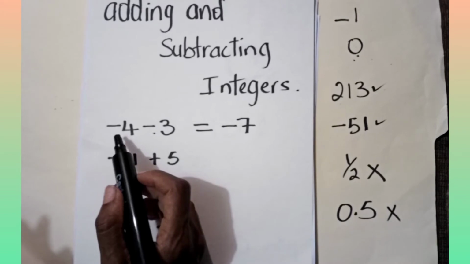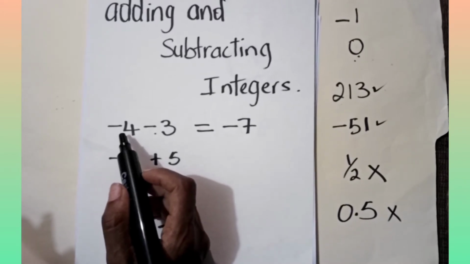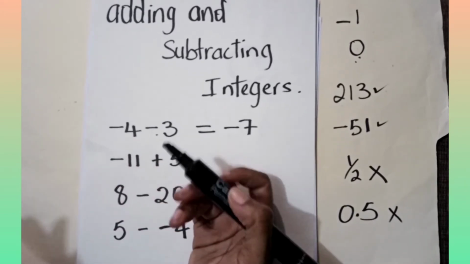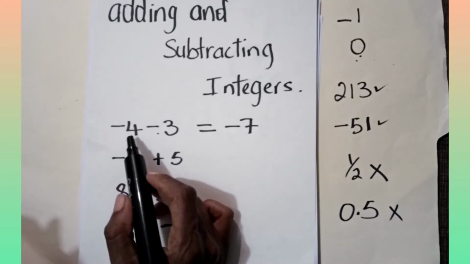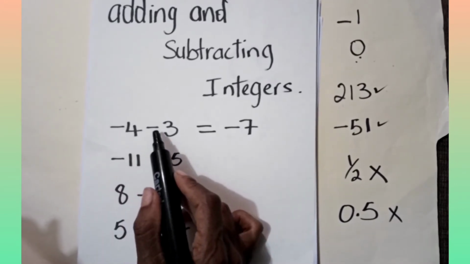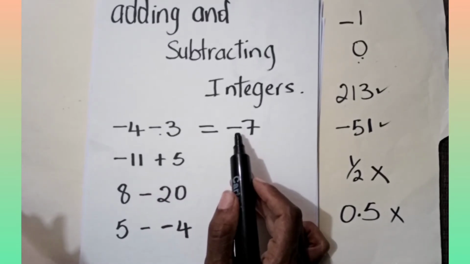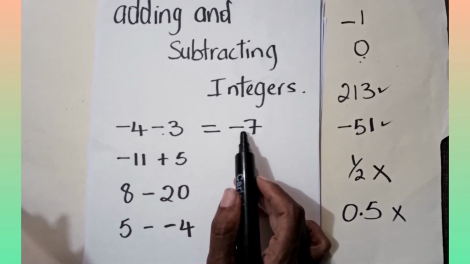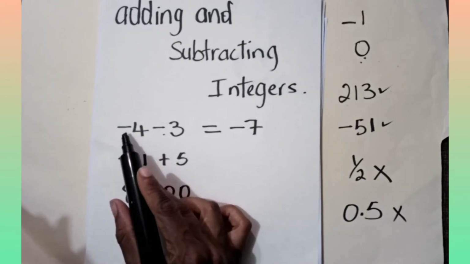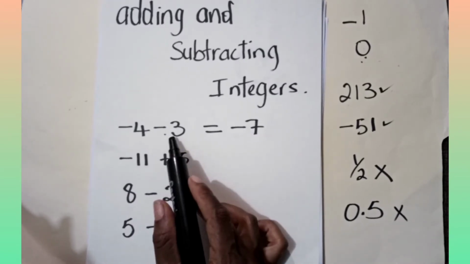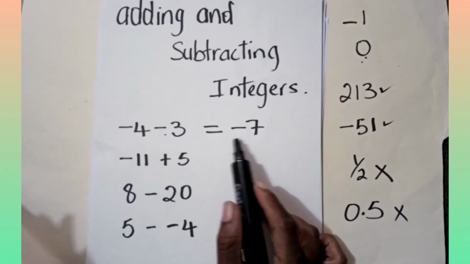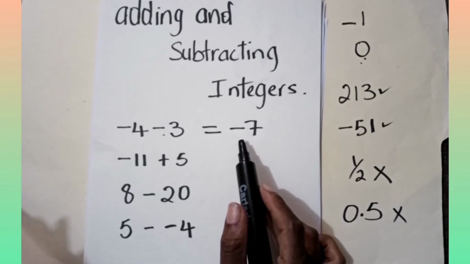Once the number is negative, then it's below 0. The temperature is below 0, whatever, it's below 0. So the more you keep going down, the more you move to the negative side. And so when you minus 4 and minus 3, you have minus 7 in all. Get it?